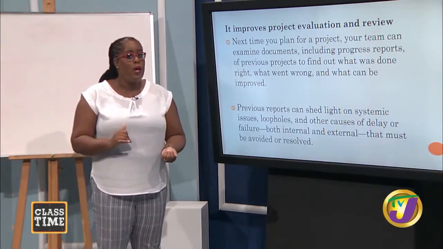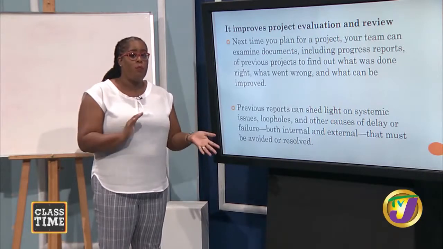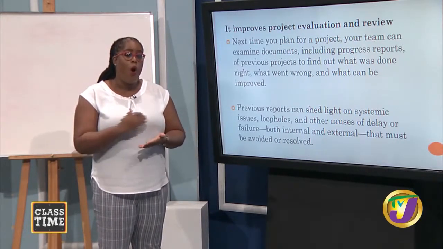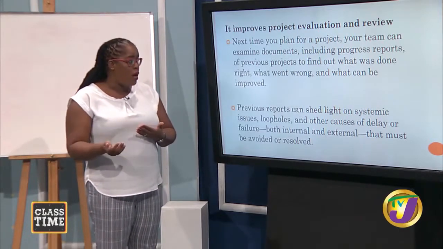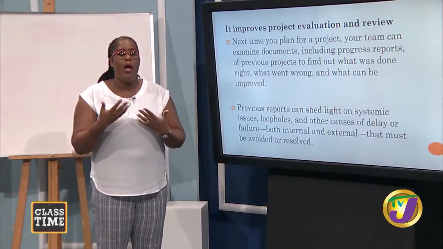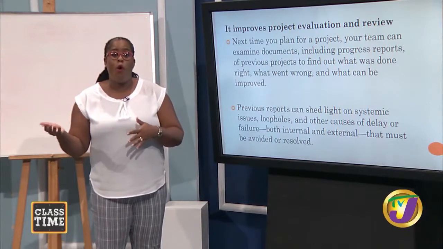What you can do is revert to your progress report for the first project to see all the things that you did right, all the things that you did wrong, right? And what were the things or the areas that could have been improved, right? So that you will not make the same mistakes in the upcoming project.